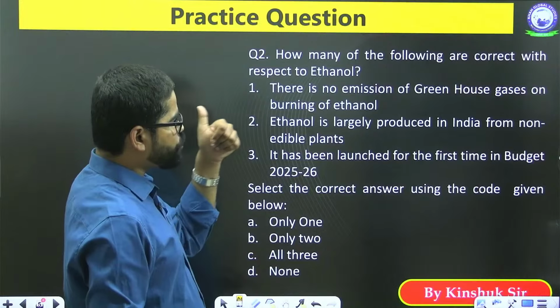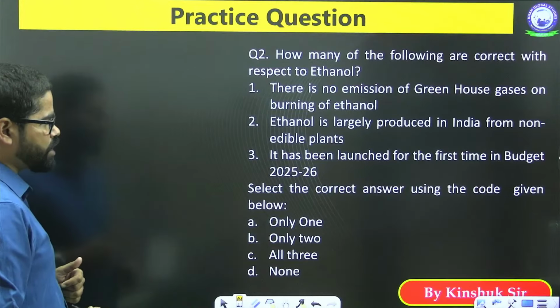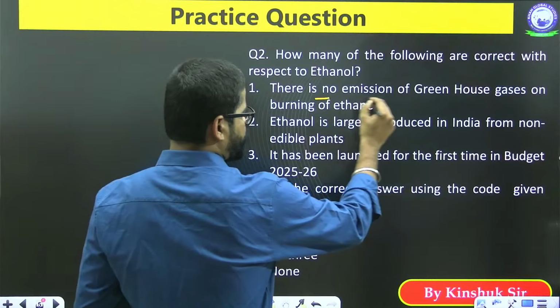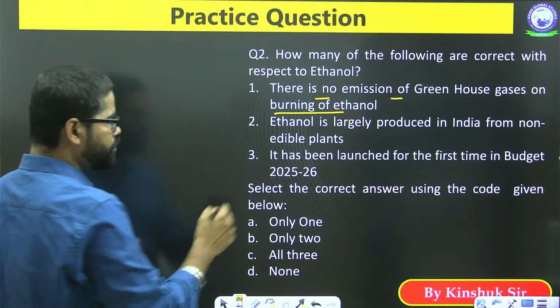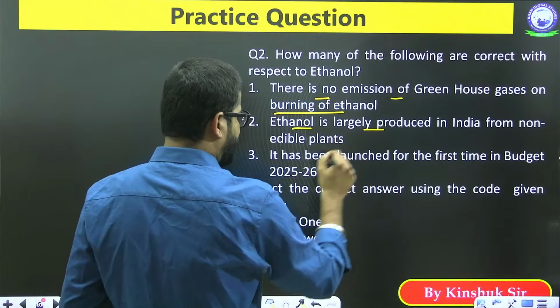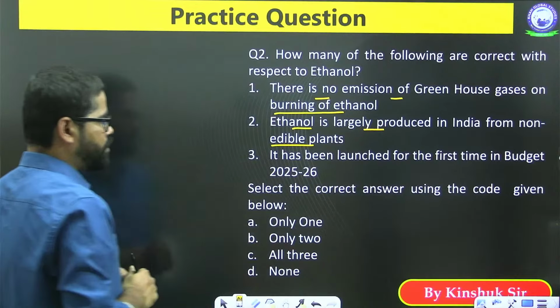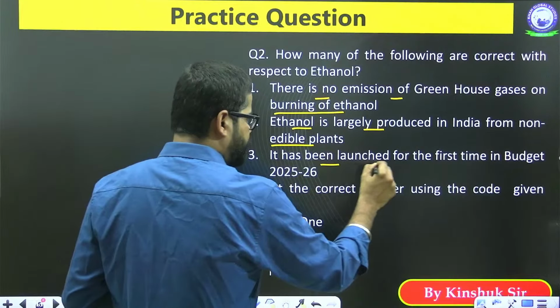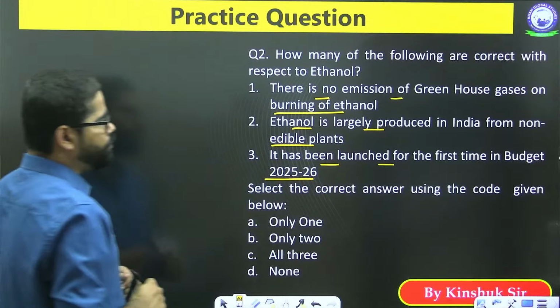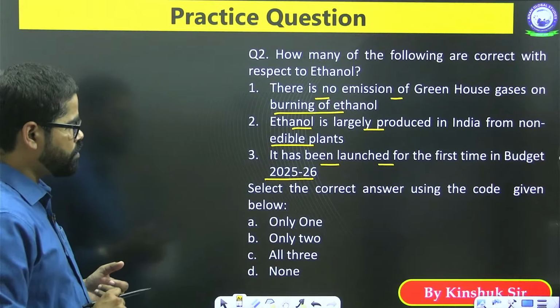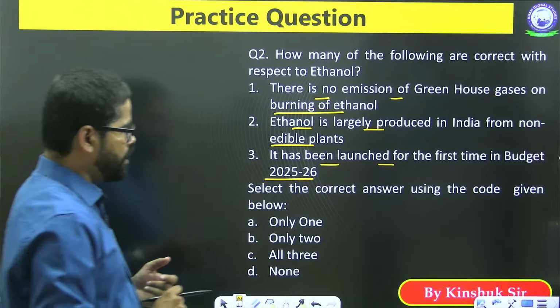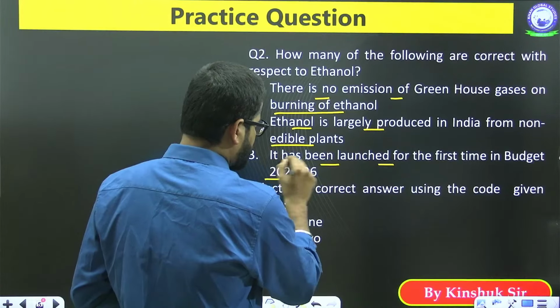With reference to ethanol, consider the following statements. There is no emission of greenhouse gas on burning of ethanol. It is largely produced in India from non-edible plants. Sorry, not this statement.